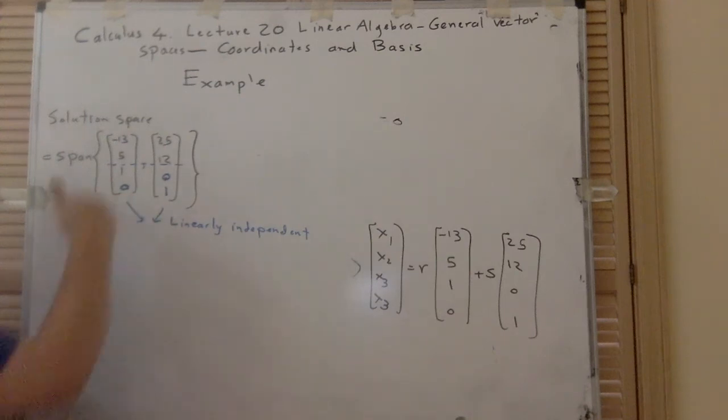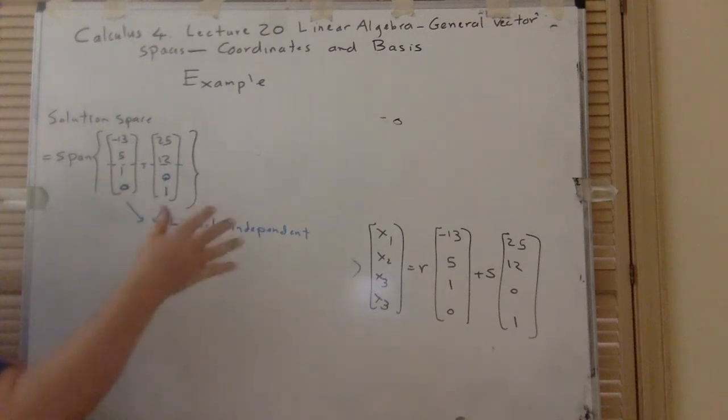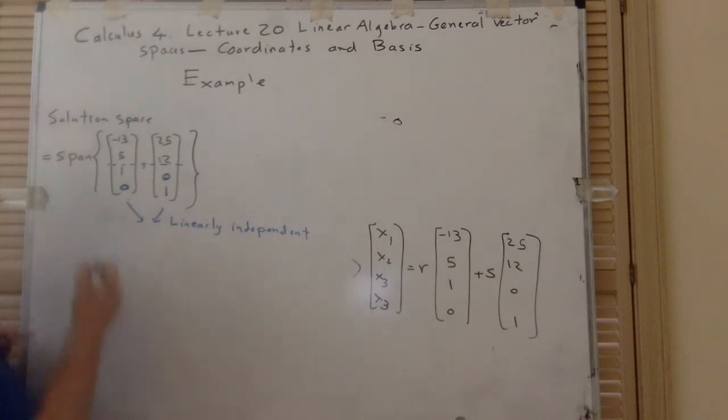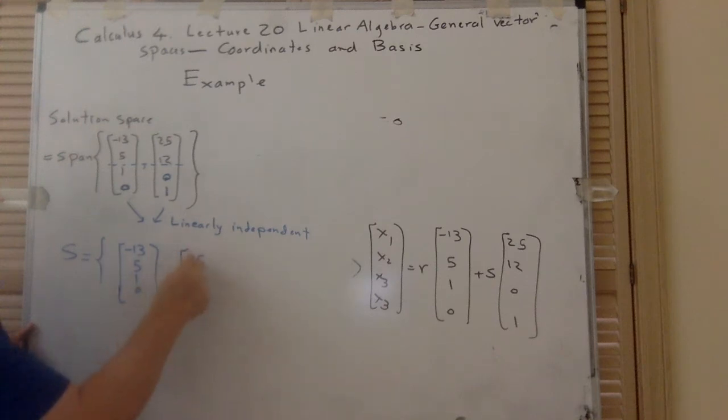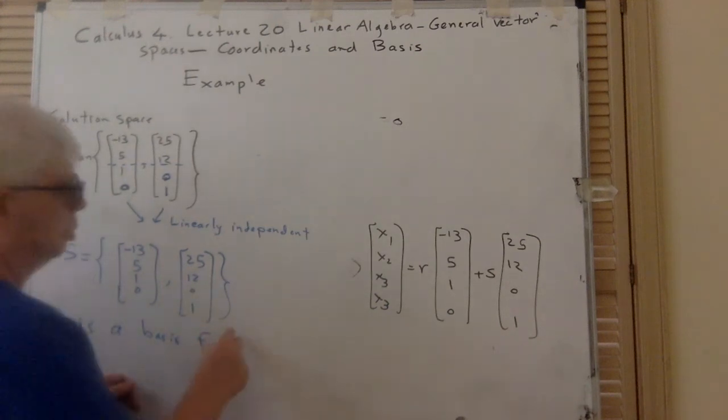So below a certain point, the vectors look like some e_i. So these are linearly independent. So we can say that this set S, (minus 13, 5, 1, 0) and (25, 12, 0, 1), is a basis for the solution space.